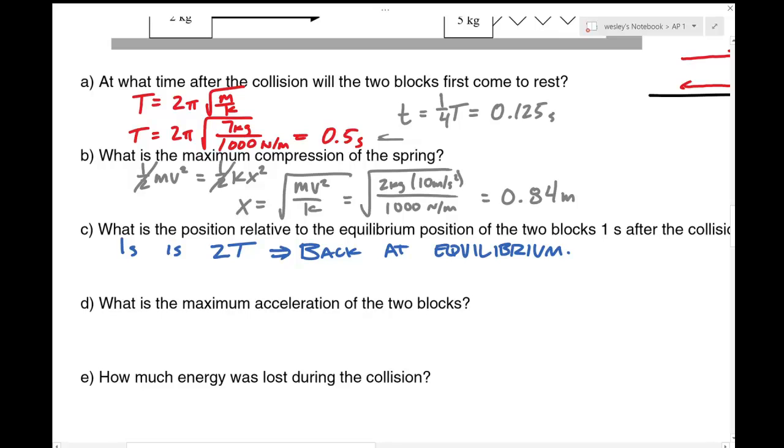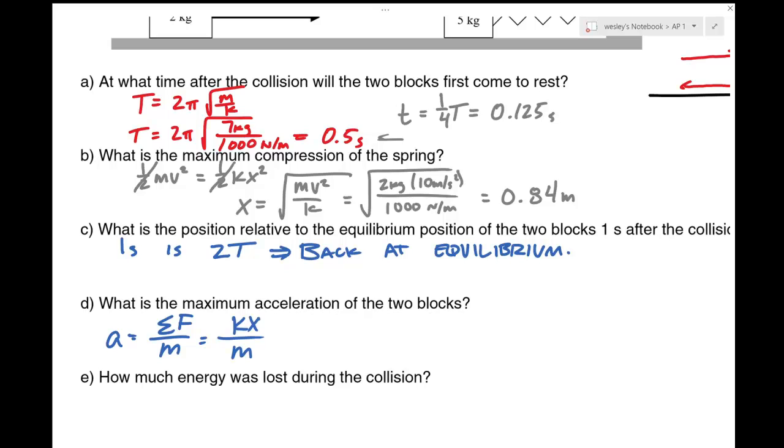There you go. What's the maximum acceleration of the 2 blocks? Well, acceleration is the net force over the mass. Our net force here is the spring force, so it's kx over the mass. We're not worried about the negative sign for the spring force, negative kx, because that's just direction. I want maximum acceleration.